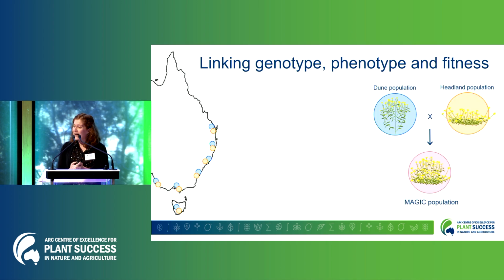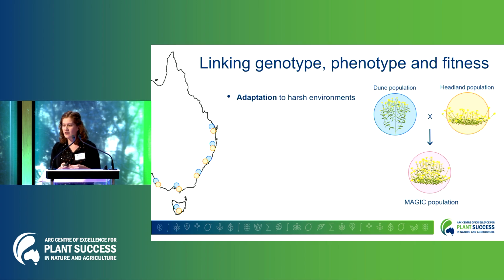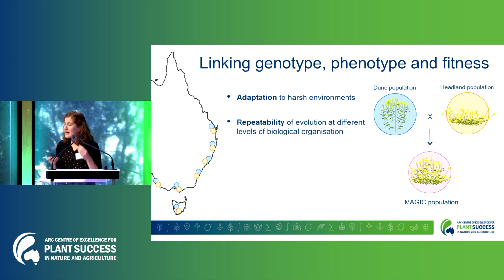So overall, our work in Nesio is enabling us to link the genotype, phenotype, and fitness in a natural system. We are understanding the adaptation of plants to harsh environments across Australia. Our natural replicates of evolution are allowing us to look at how repeatable evolution is at different levels of biological organisation.